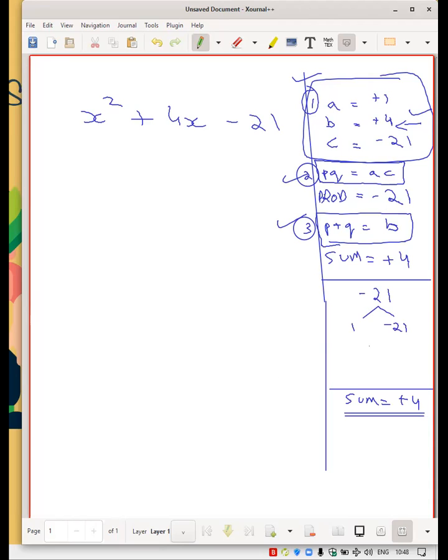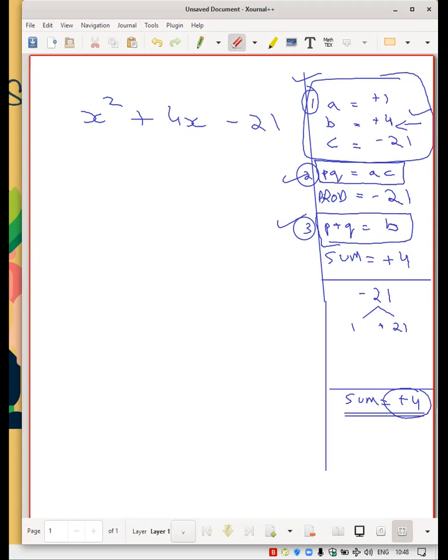Do they add up to 4 in any way? Plus, minus, whatever the sign may be. Okay, don't take the signs into consideration right now. Just 1 and 21. Can I ever have a sum of plus 4 from 1 and 21, whether minus, plus, whatever it might be? No, sir.